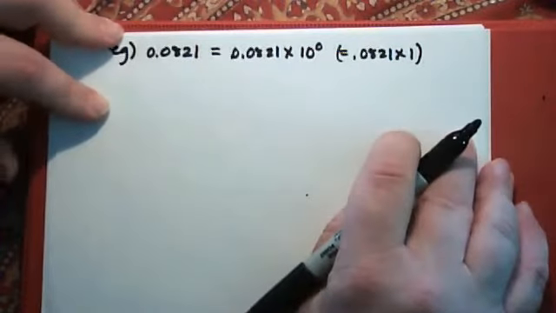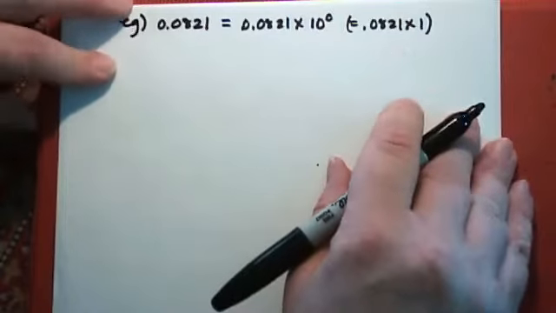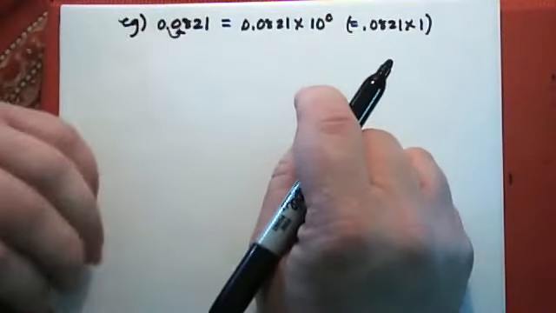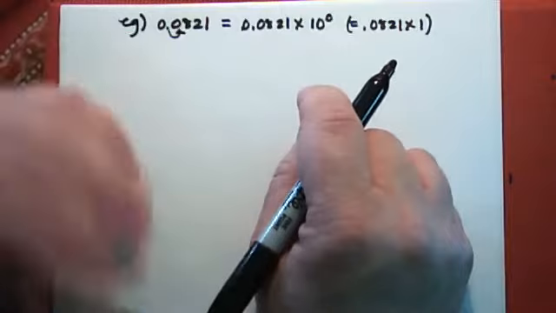Because 10 to the 0 is 1, and so you can multiply the number by 1 and that doesn't change the value. Okay. In moving in the direction of getting this number to be between 1 and 10 means moving the decimal point to the right this time.